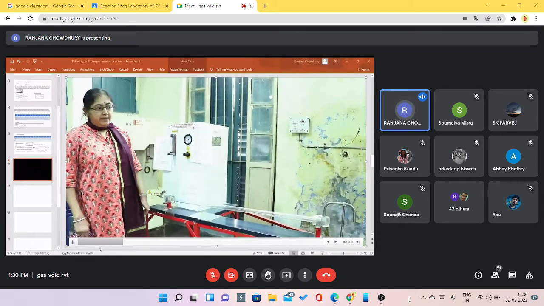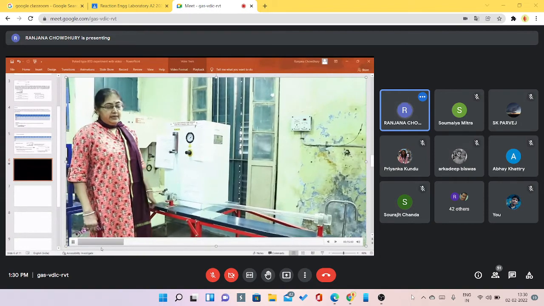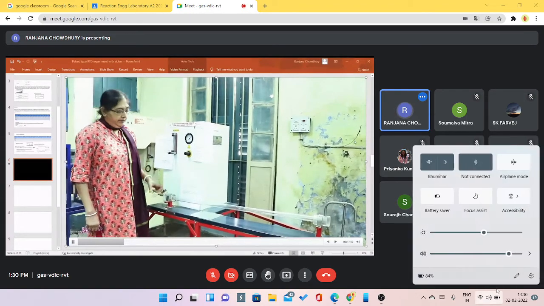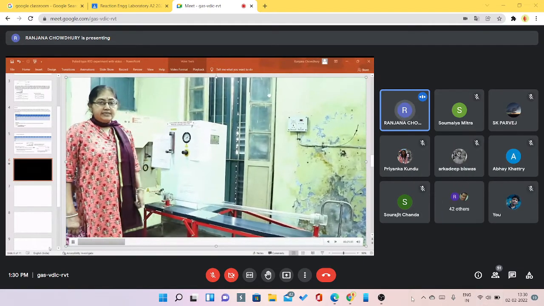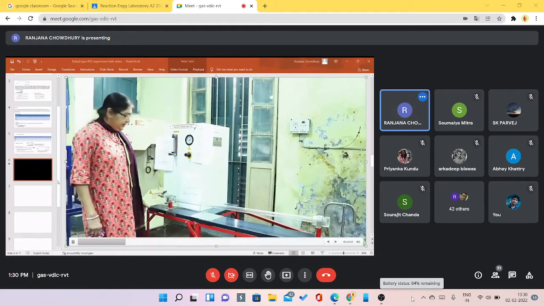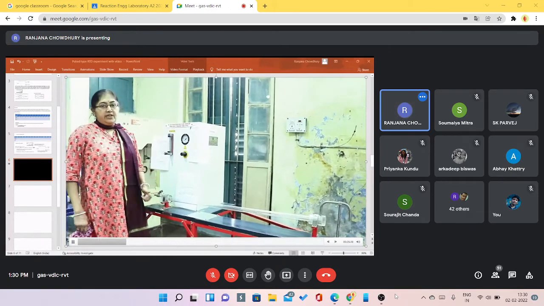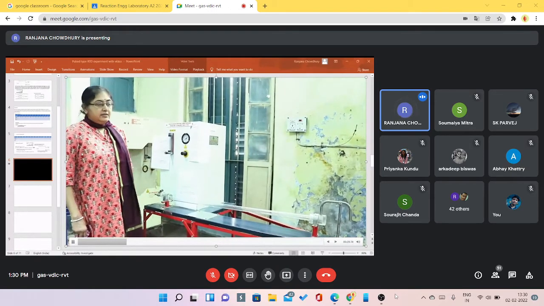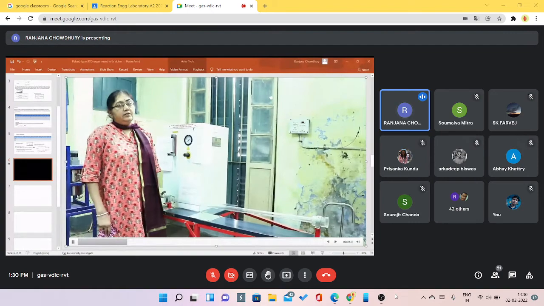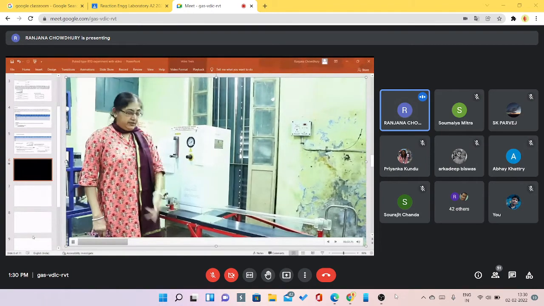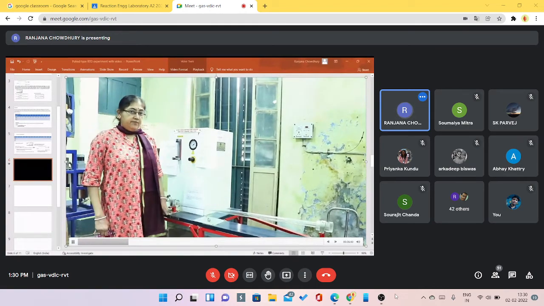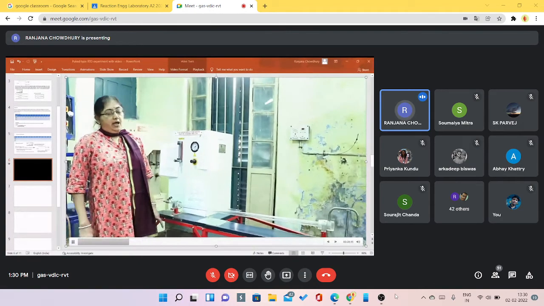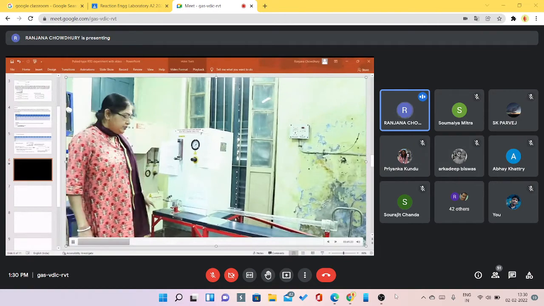The tracer is introduced into the reactor instantaneously. How is it done? It is done by injection. Say here, we will use sulfuric acid as a tracer. So instantaneously, we will inject some sulfuric acid into the water stream.